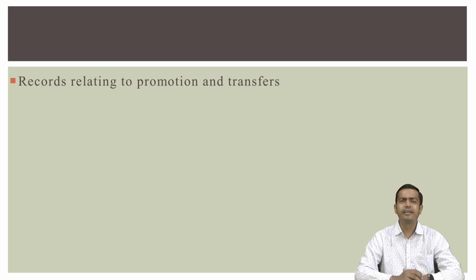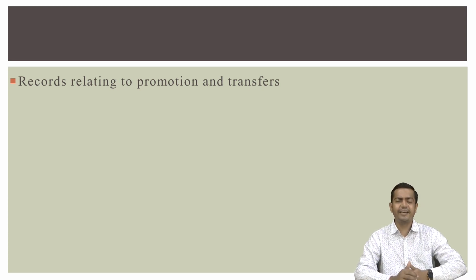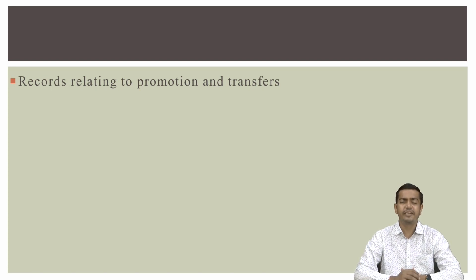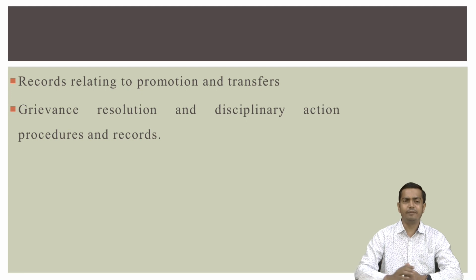If your company has just started, say one year ago, possibly you won't have such records, but if your company is like ONGC, Reliance, Tata's, where generations have worked in the same organization, you have at least the last 3 to 5 years of promotion details, transfer details, along with the list of selected candidates for increment and the list of rejected candidates. You should have all that data available in real time.